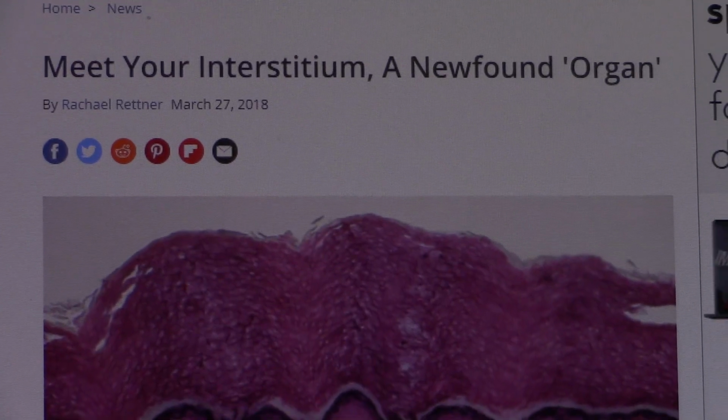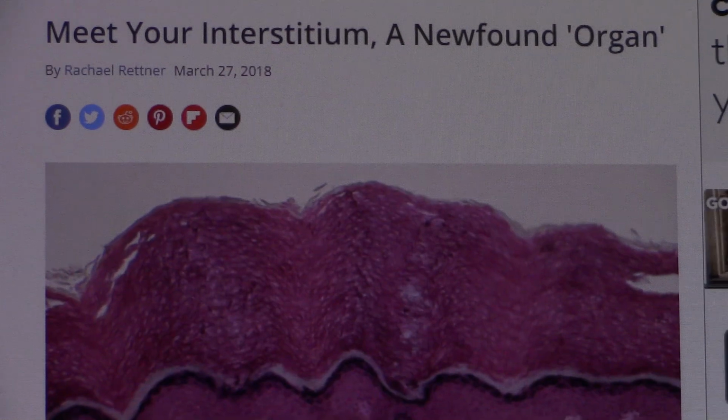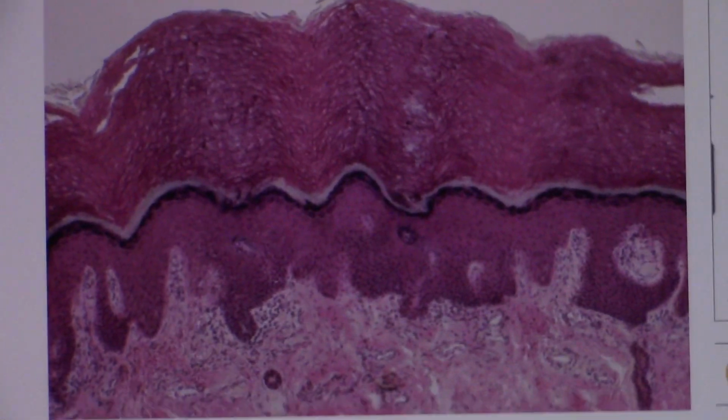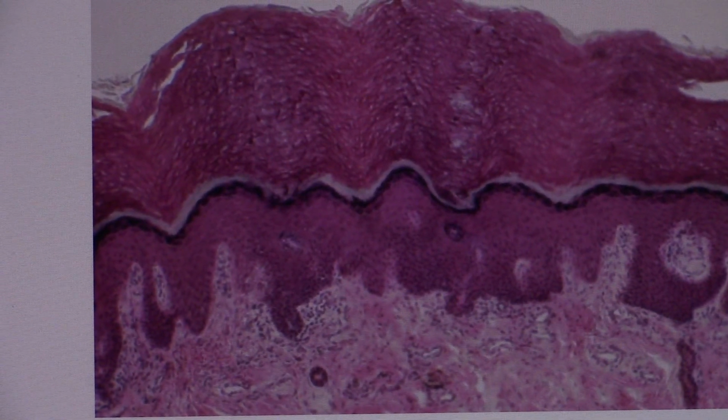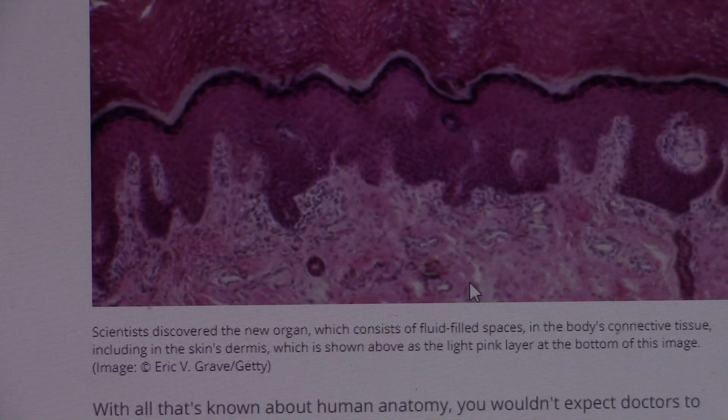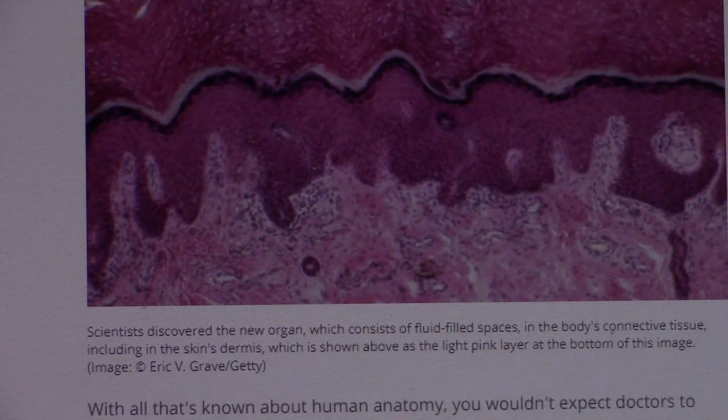Meet your interstitium, a newfound organ. Basically it says that without knowing all about human anatomy, you wouldn't expect doctors to discover a new body part in this day and age, but now researchers say they have done just that. They found a new network of fluid-filled spaces and tissue that they hadn't seen before. They're discovering connective tissue all over the body, including below the skin surface, lining the digestive tract, lungs, urinary system, and the surrounding muscles.